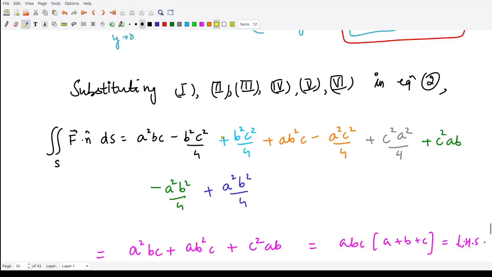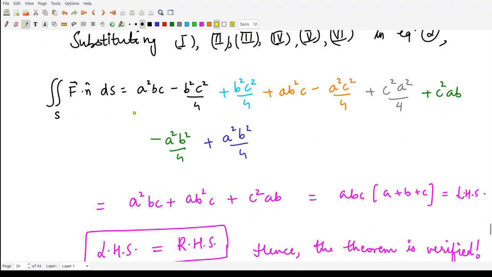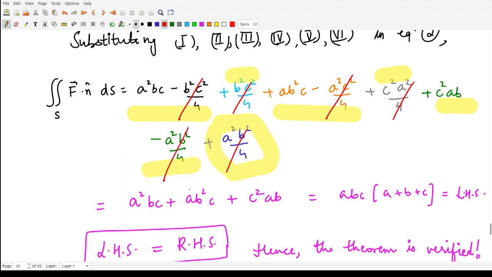So finally we have the value for the first portion, for second, third, fourth, fifth, and sixth, right? From here you can clearly see that this quantity and this quantity cancel, this and this cancel, and this cancels. So you are left with these 3 quantities, and when you take out the common terms, this becomes your left hand side for equation number 1. That means the surface integral in this case becomes equal to this quantity.